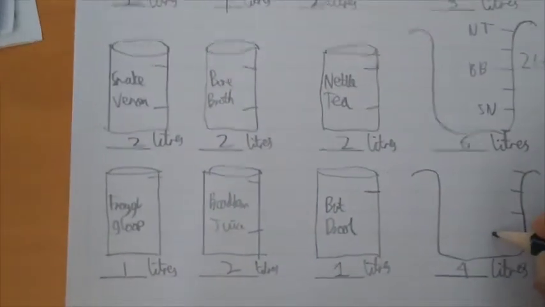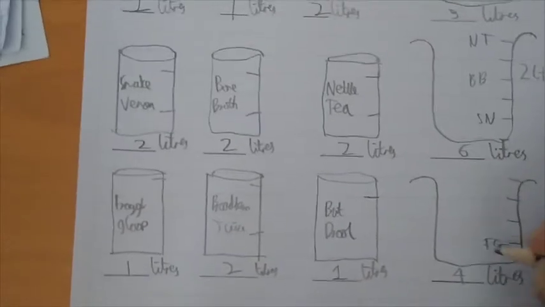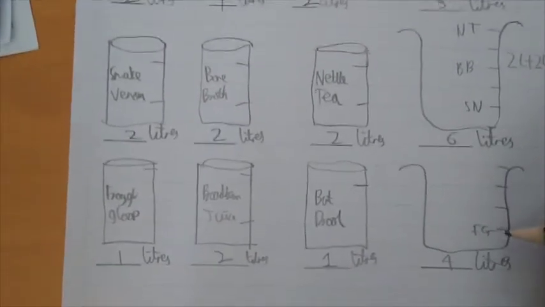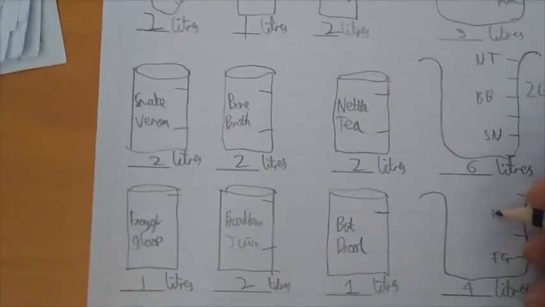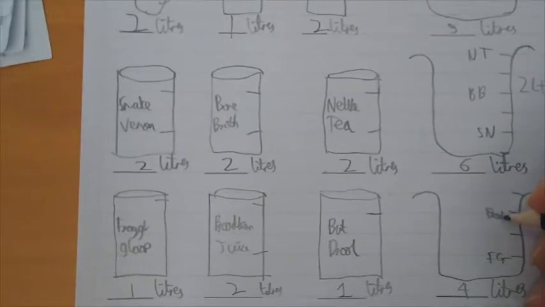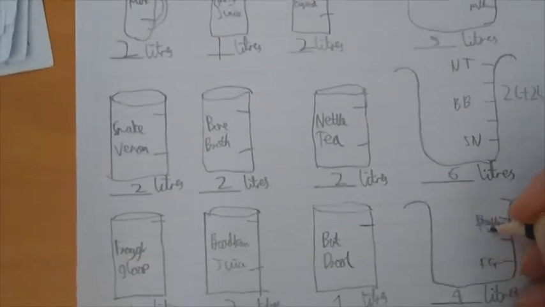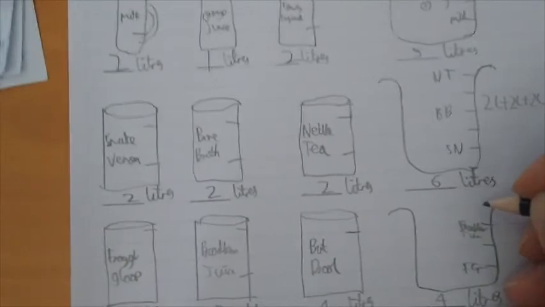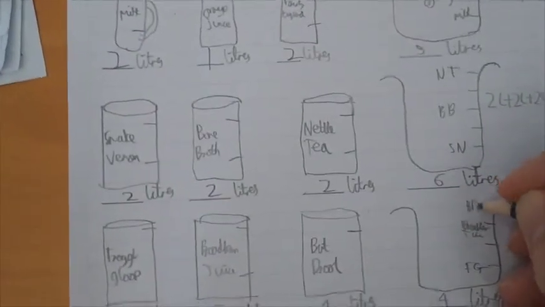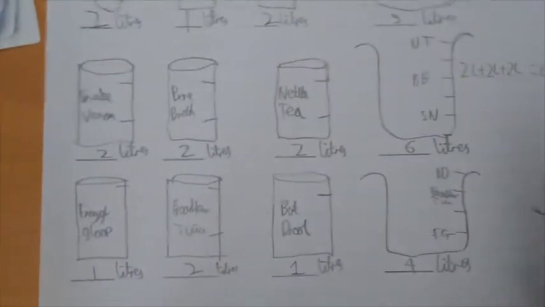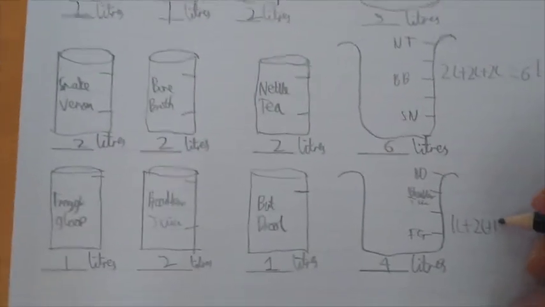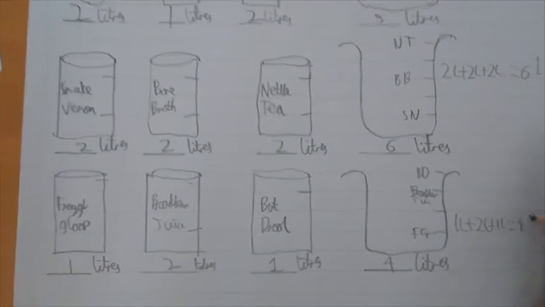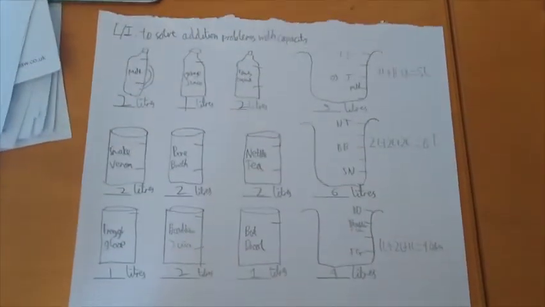I'm going to write FG for frog gloop, because we have 1 litre of that, 2 litres of broad bean juice, and 1 litre of bat drool, so BD for that. Our number sentence goes 1 litre plus 2 litres plus 1 litre equals 4 litres. If you got any of these right, well done to you indeed.